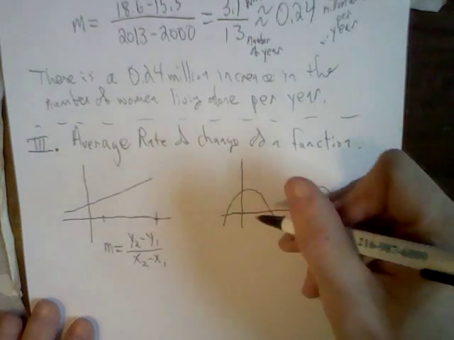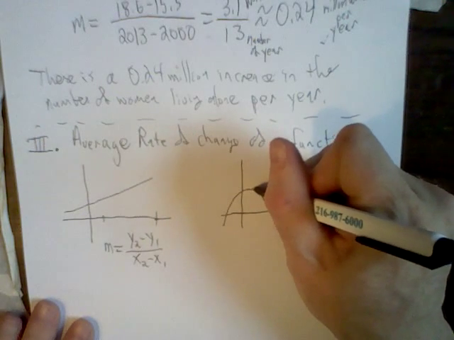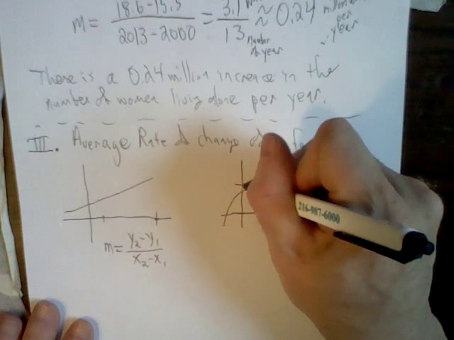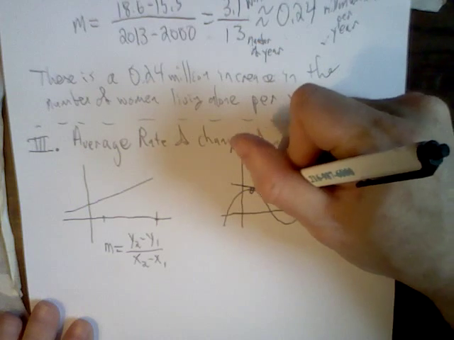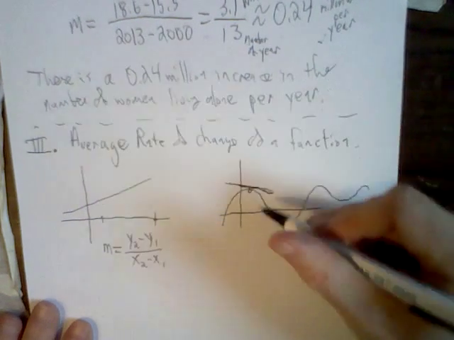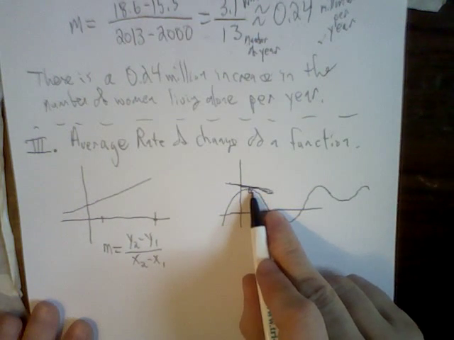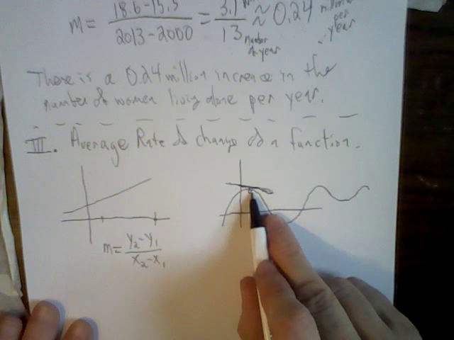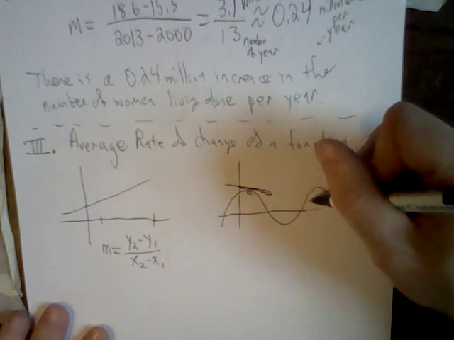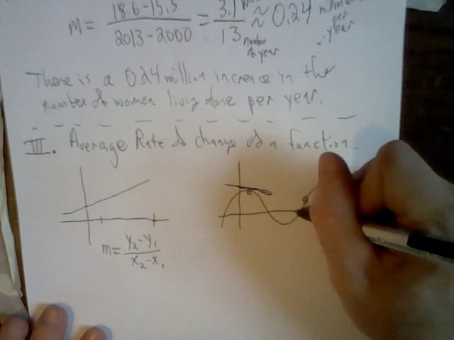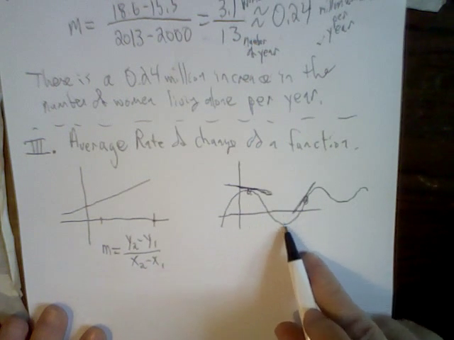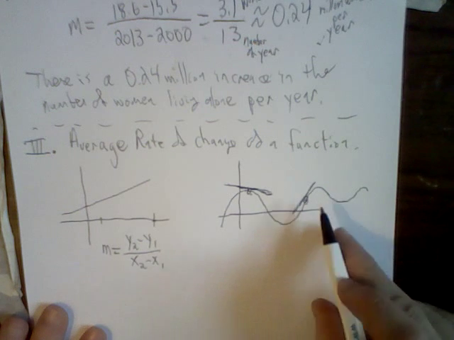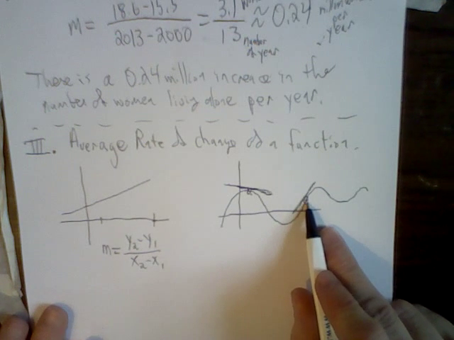So how am I going to do it? Well, at any point on the curve, you can take what they call a tangent line and put it on the side of that curve, and then talk about the slope of that particular line. Okay, so the slope of the line here is negative. The slope of the line over here, though, is positive. So there are different rates of change as we go along this curve. This topic needs calculus.